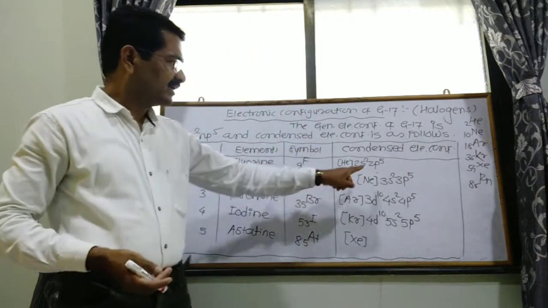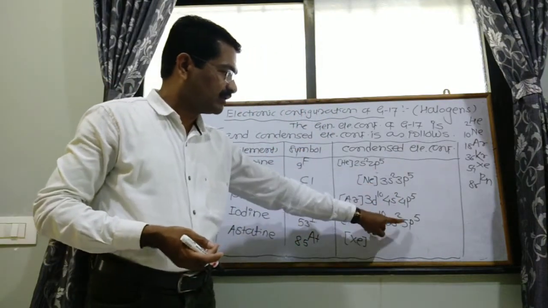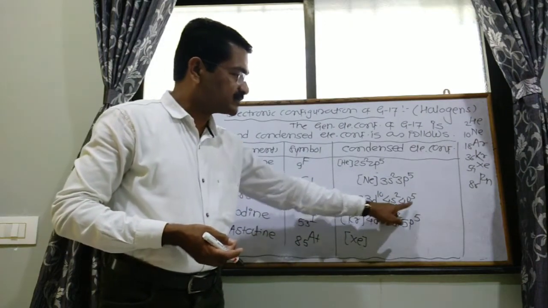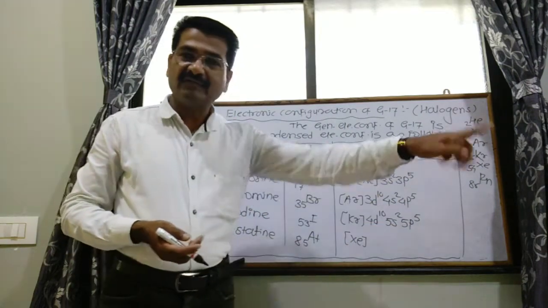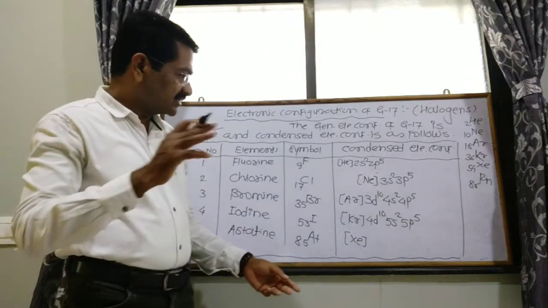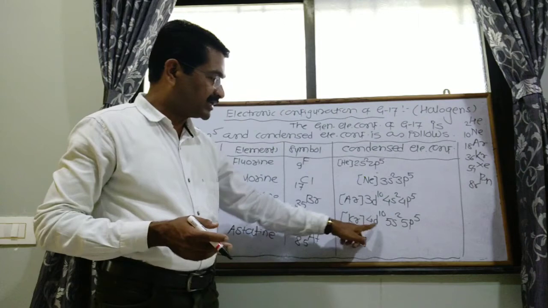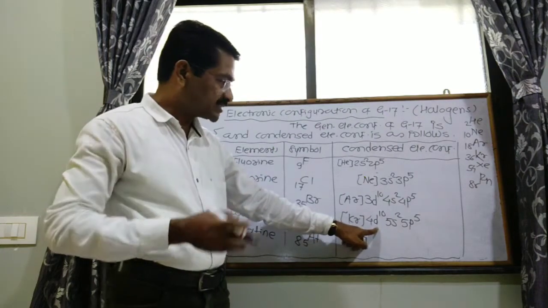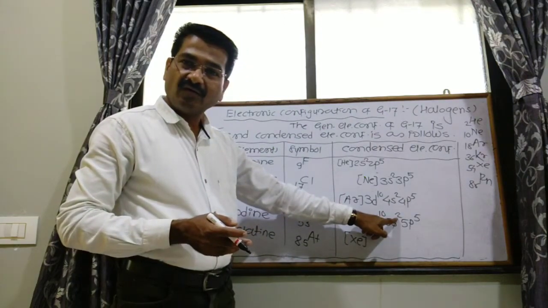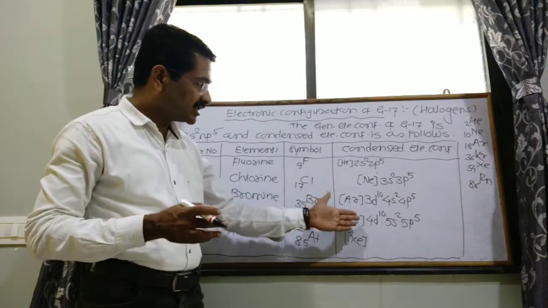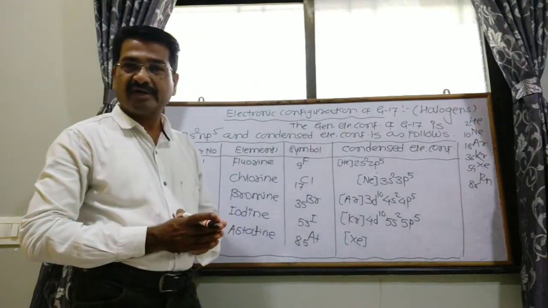Taking alternate shells, here second shell, third, fourth, fifth: 2s 2p, 3s 3p, 4s 4p, 5s 5p. Again see, here 36 of krypton, 36 plus 10 is 46, plus 2 is 48, plus 5 is 53.